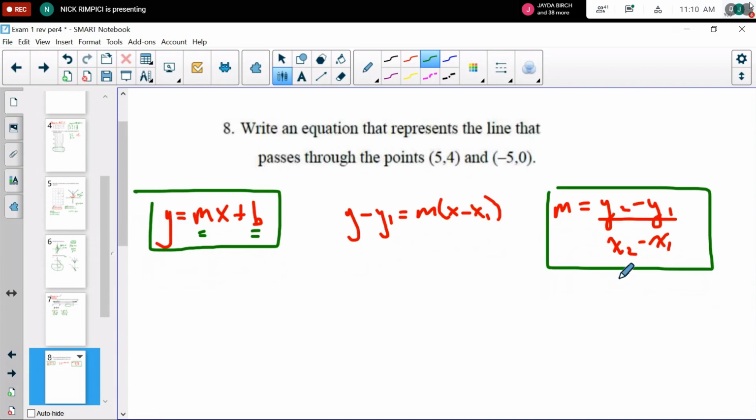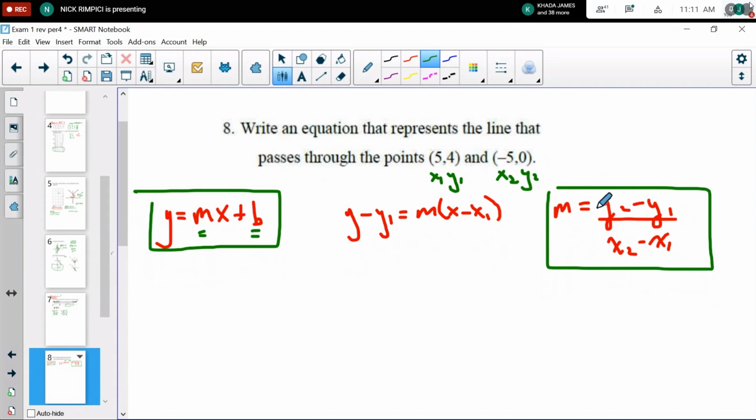And finding m, though, is not bad when you have 2 points. I can call this coordinate x1, which means this would be y1. And then if that's the case, I can call this point x2, which makes this y2. How is that helpful? That allows me to take advantage of this formula and easily solve for the slope.